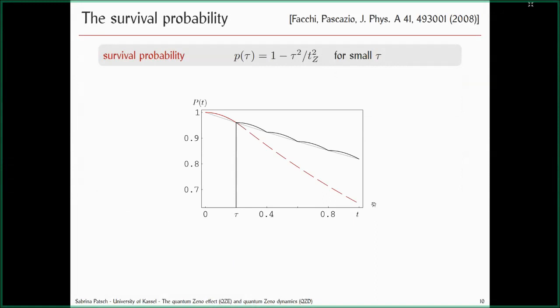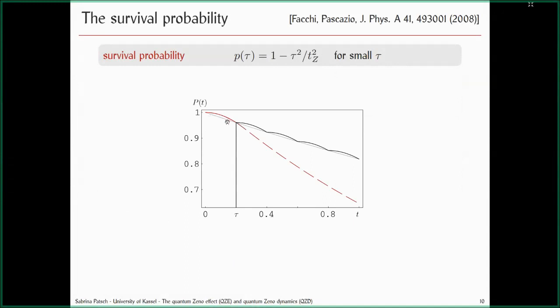So here we see the survival probability as a function of time. For the small values of tau, we are on the left side, on the left higher branch, here. And we see that here we have a quadratic behavior. So the survival probability drops quadratically.